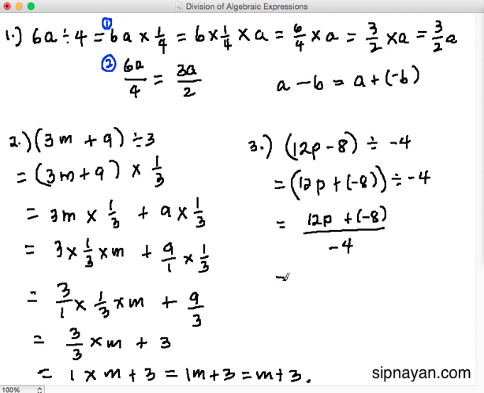Pwede natin siyang gawing 12p over -4 plus -8 over -4. Bakit natin ito pwedeng gawin? Kasi pag may similar fraction tayo na a over c plus b over c equals a plus b over c.